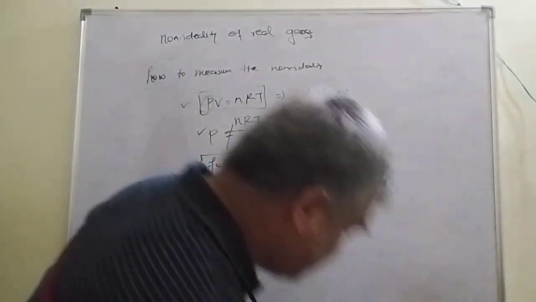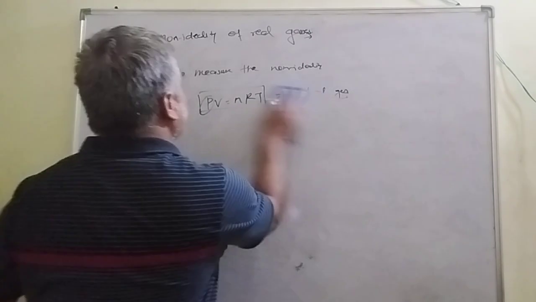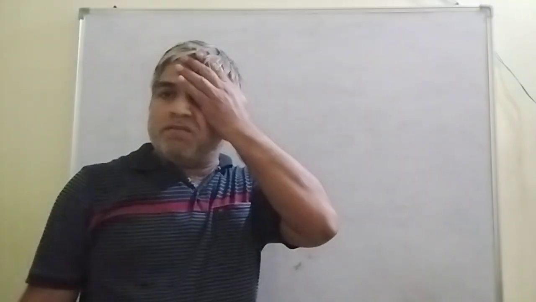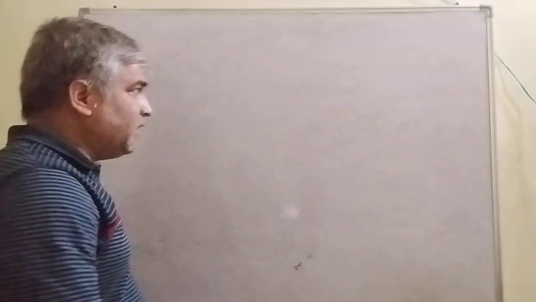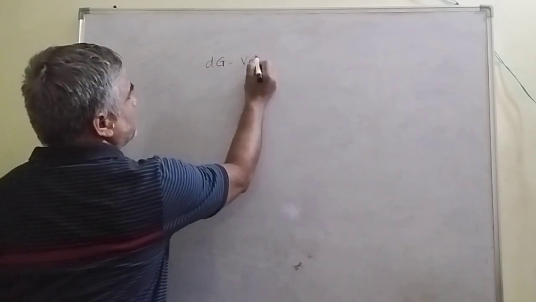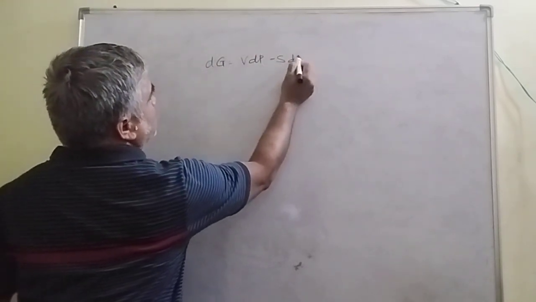The birth of this fugacity we can see from the free energy. The free energy, as we all know, dG equals V dP minus S dT.